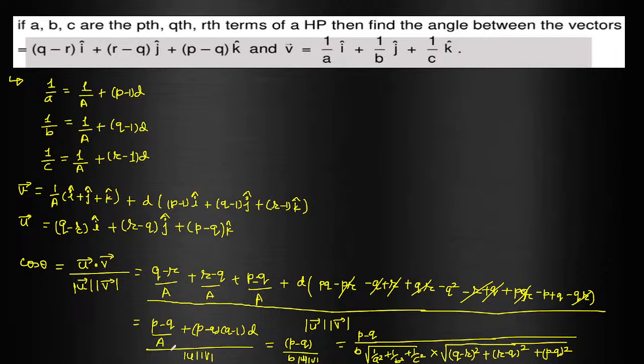So overall we are getting P minus Q by A, and from here we are getting P minus Q into Q minus 1 into D, and we have mod U mod V. Similarly we will get P minus Q, and the left term 1 by A plus Q minus 1 into D is 1 by B. So P minus Q by B, mod U mod V. So mod U is this, mod V is this.